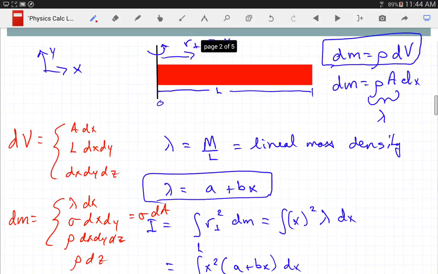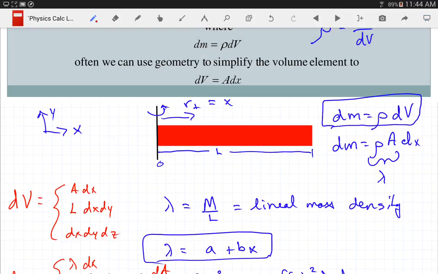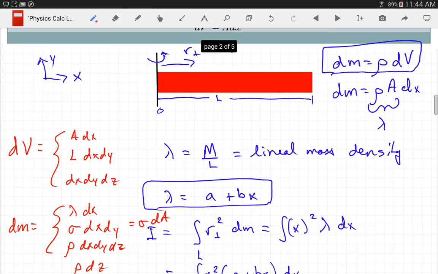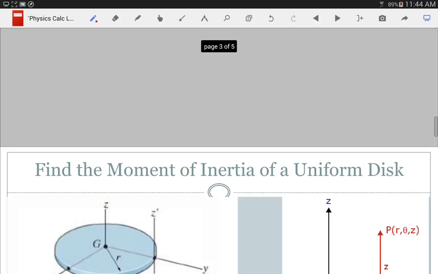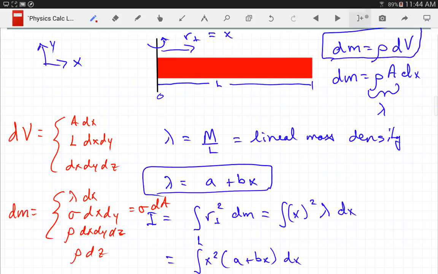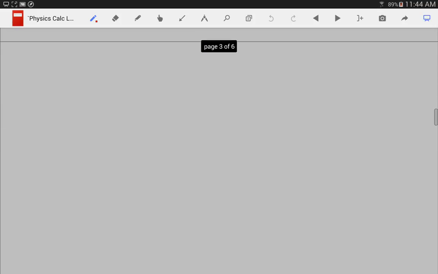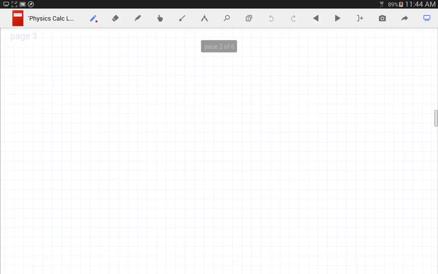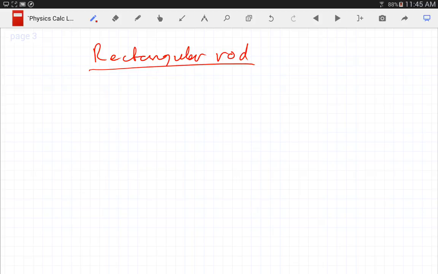So I could have taken something like this, and if I had wanted to, I could have said, okay, I have a rod, and actually, I'd better put a blank page in between here so I can go to the blank page. To make life easy, I'm going to make this a rectangular rod.